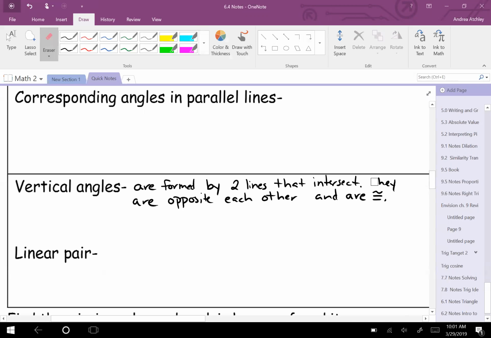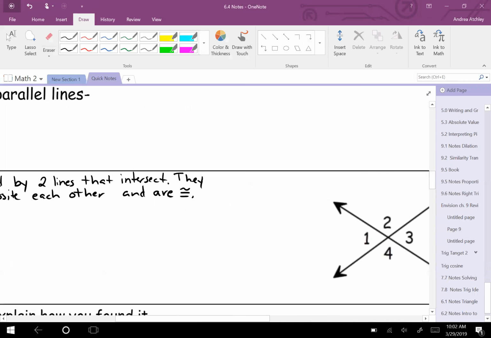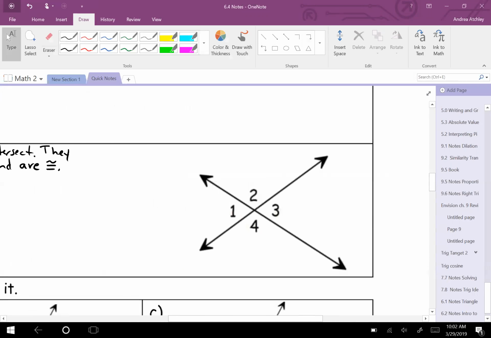Let's get some proper capital. Okay, so if I look here at my intersecting lines, again, I'm going to color coordinate. Okay, so my vertical angles here are 2 and 4 because they are opposite each other.